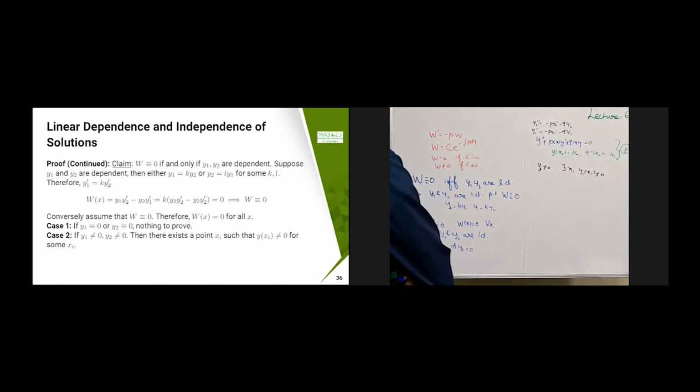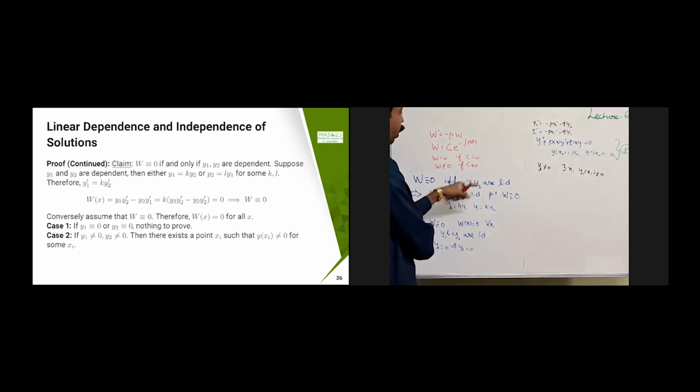Since P is continuous and Q is continuous, the solution is also going to be continuous. So y1 is a continuous solution.